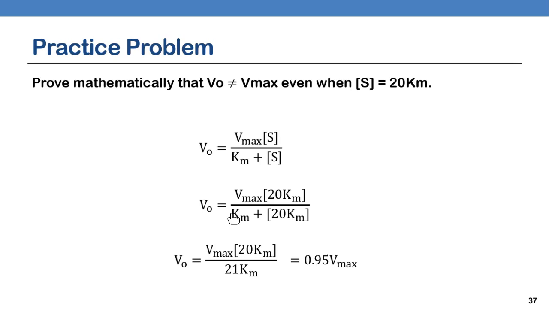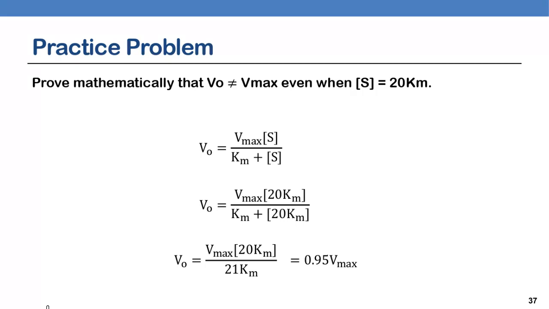We can just insert that into our substrate concentration, add those together, and we're going to get 0.95 Vmax. So it's saying that even though we're 20 times greater than that Km, we should be approaching our Vmax. We're never going to quite hit V naught equals Vmax. Our V naught is still going to equal 95% of that Vmax.